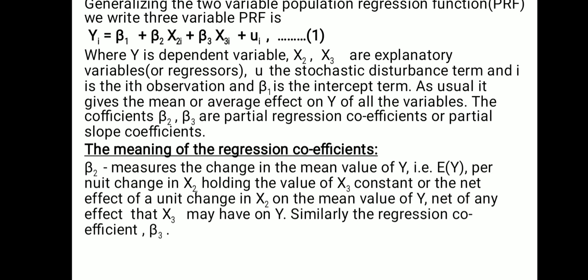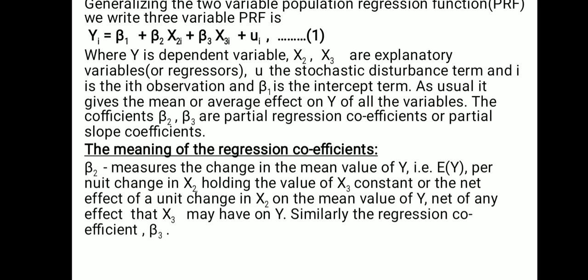So beta 2 measures the change in the mean value of y, that is expected y. Expected y means the mean or average of y, per unit change in x2, holding the value of x3 constant.